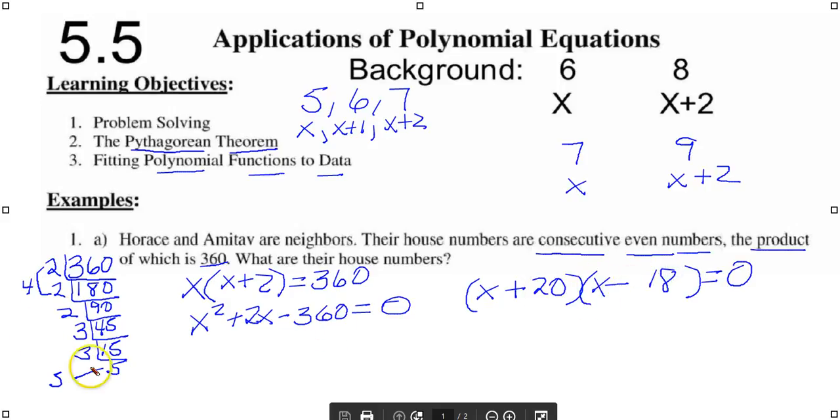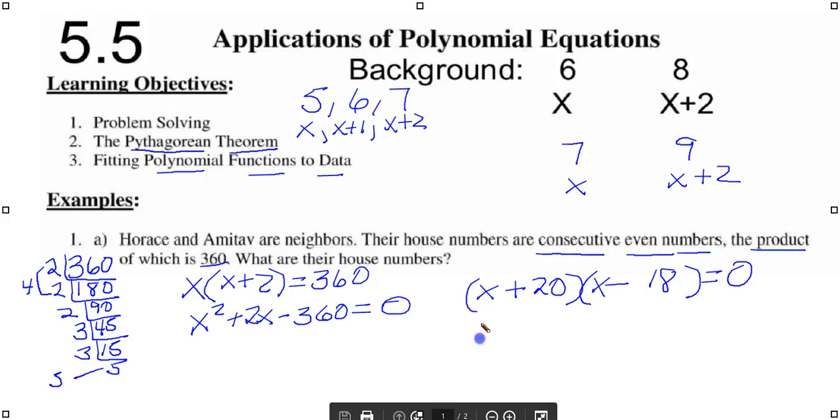So again, I had to fiddle around. It's sort of like a little challenge here to figure out what it is. And 20 times 18 is 360. And the difference between 20 and 18 is a 2. So when I FOIL it, it works. But what are your answers?